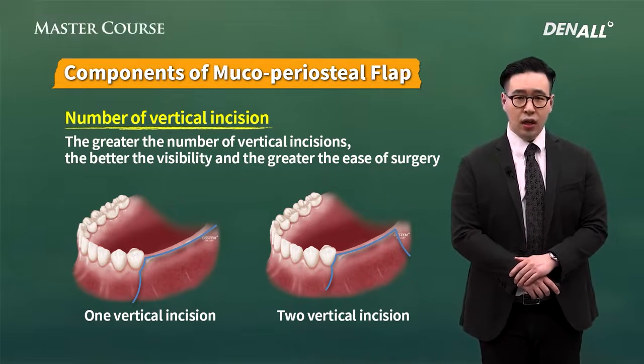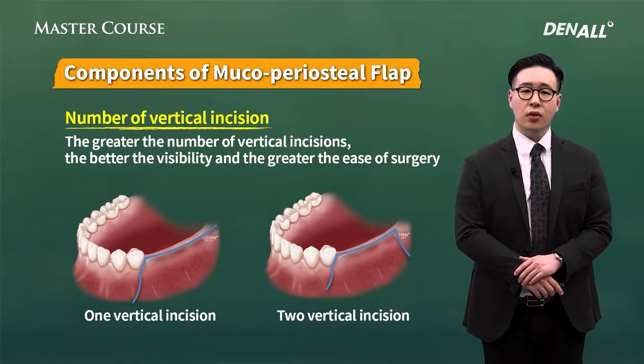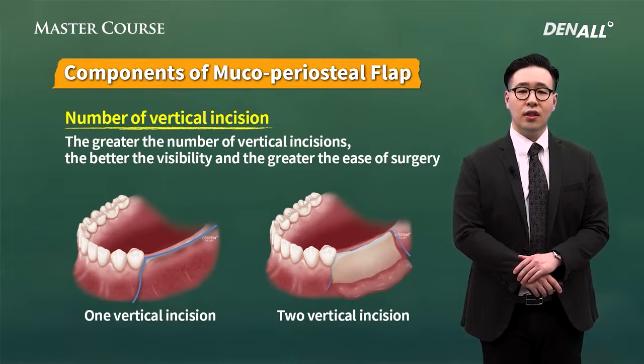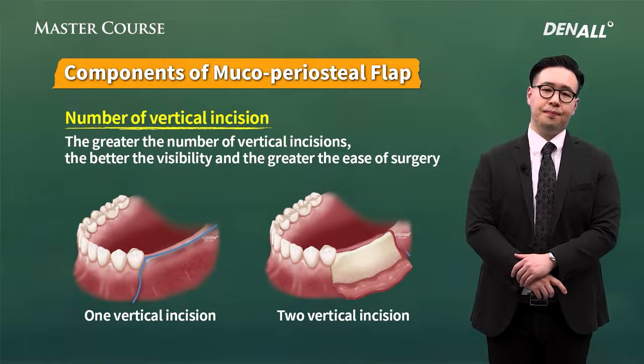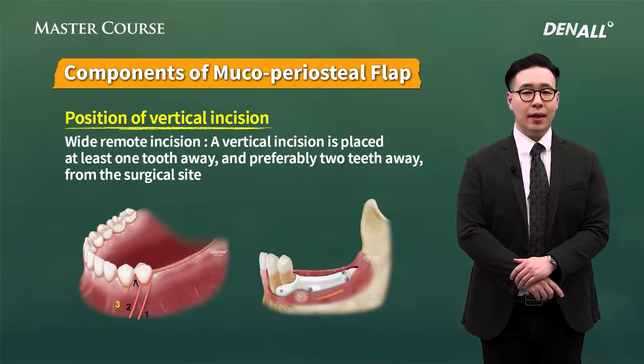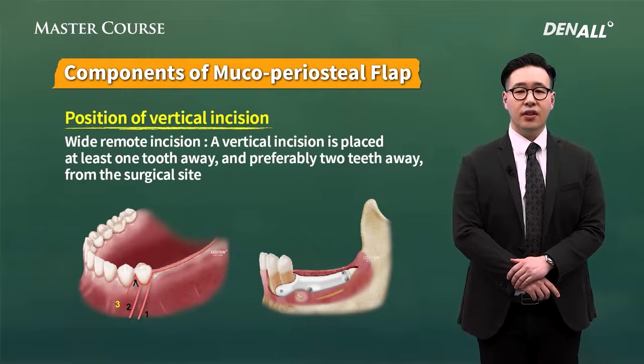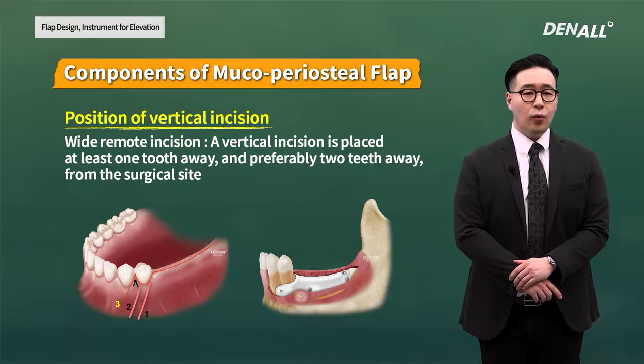However, if you require augmentation as well as implant placement, for visibility and accessibility I recommend a 2 vertical incision flap design. If you have to do a lot of bone graft, you can do a mesial vertical incision 1 or 2 teeth away, and that is called a wide remote incision.